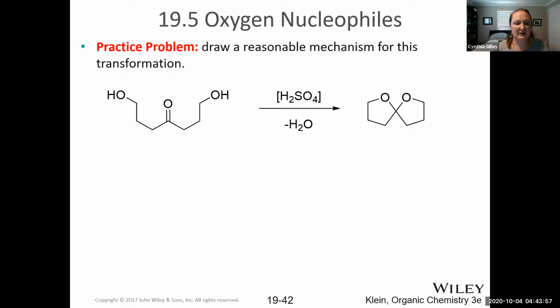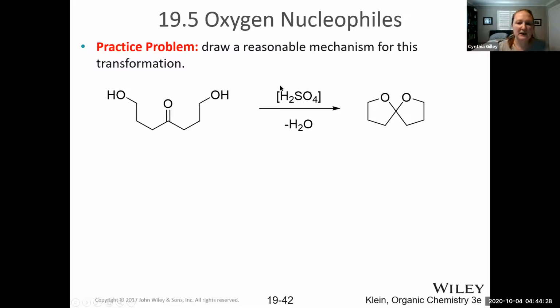Okay, let's do some practice, and we're going to draw a reasonable mechanism for this transformation, right? Hopefully you recognize that this carbon has 2 OR groups attached to it, right? So we call this an acetal. So really this is just intramolecular acetal formation where we're using a ketone and 2 alcohols that happen to be attached to the ketone, on the same carbon chain.